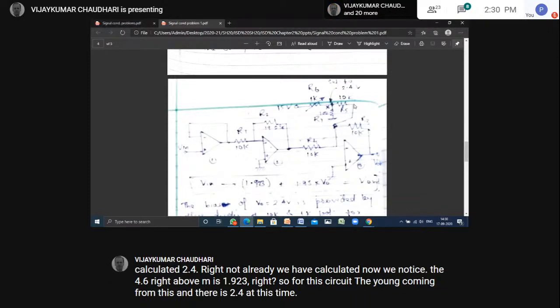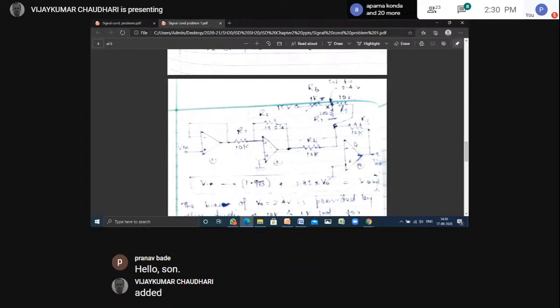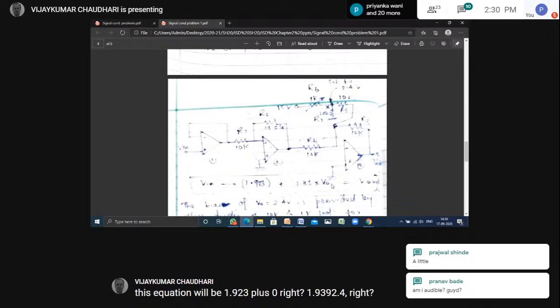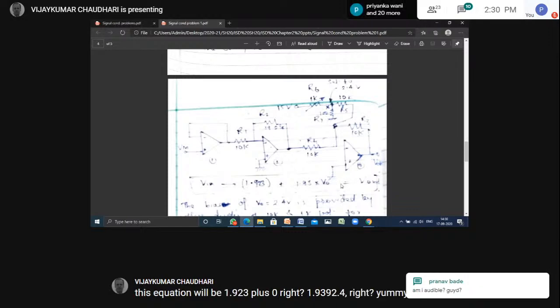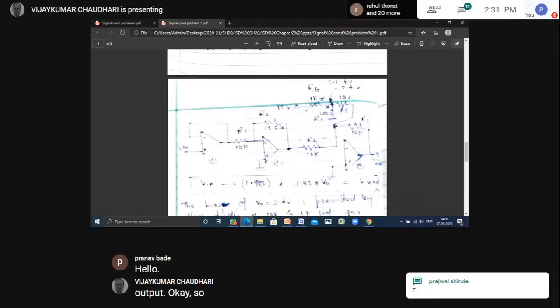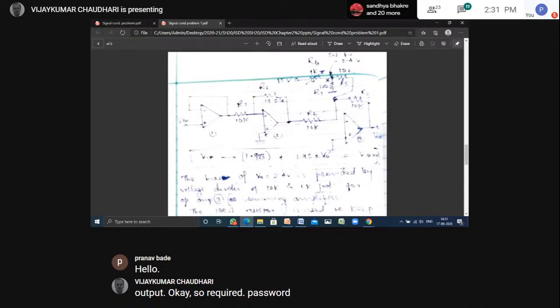So this voltage will be added to this 2.4, and the output voltage equation will be 1.923 into V in plus 1.923 into 2.4, right? So M into 2.4 will be the total output. Okay, so the required bias voltage of 2.4 is provided by the voltage divider of 10K by 1K.